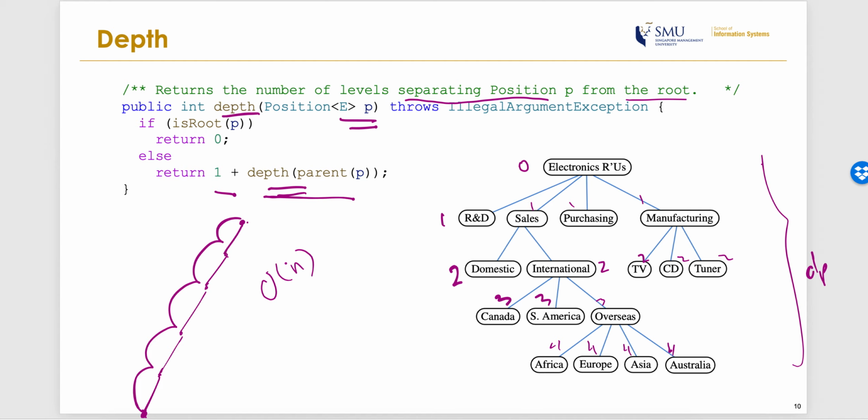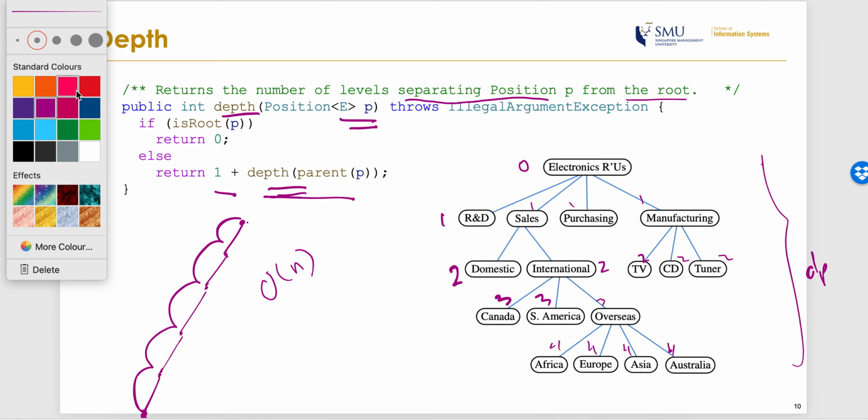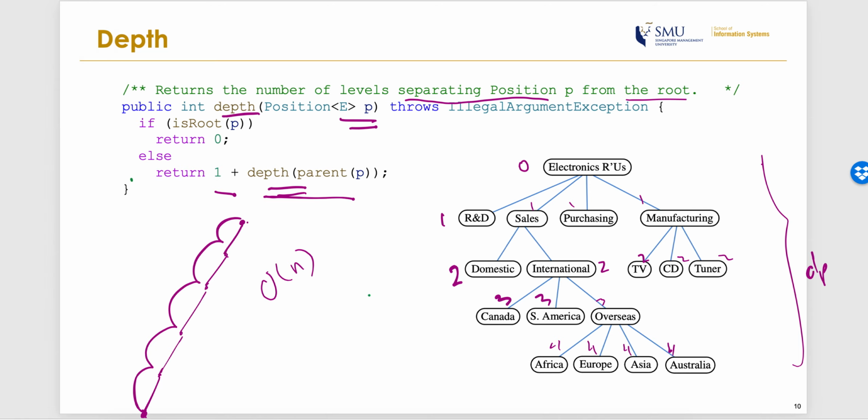Now, what is the best case for a tree of size n? In this case, we don't have any limitation in terms of the way that the branching is done. You still have to have a root, right? And if the size is n, it means that everything is connected directly to the root.